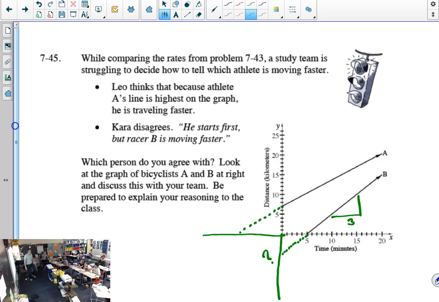It's 3, 3. So, hold up. For every 1 we go up, we go 1 over. So for every 1 I go down, I go 1 left. So, where will this point be?